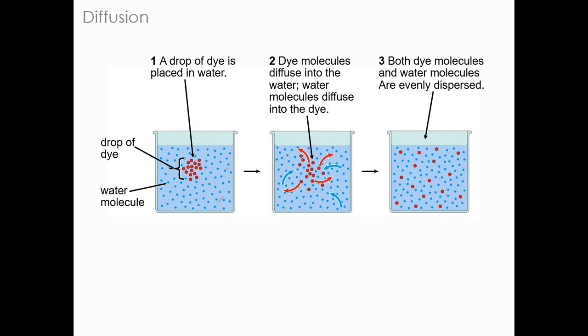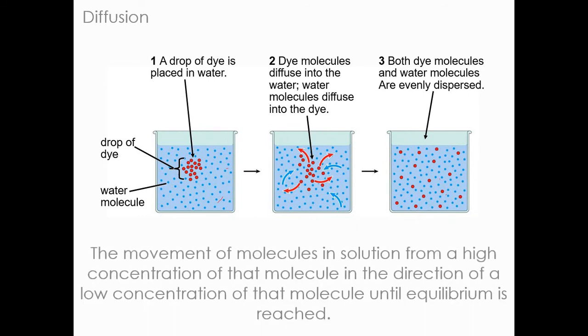That is what diffusion means. Okay, so it spreads on its own. So the movement of molecules in solution from a high concentration of that molecule in the direction of a low concentration of that molecule until equilibrium is reached is what we call diffusion.